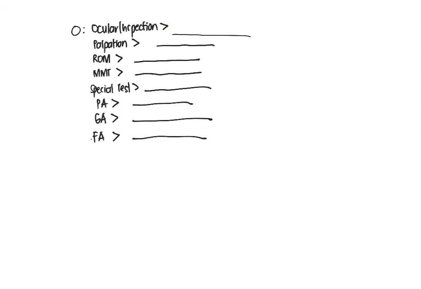So notice that all subheadings are aligned. Okay? All major headings will now be aligned. So O, and then A right here, and then P.